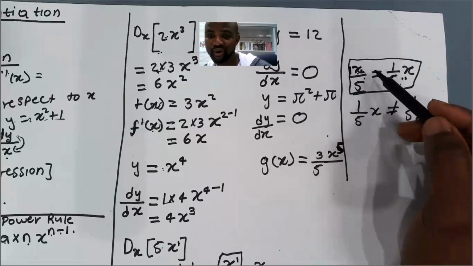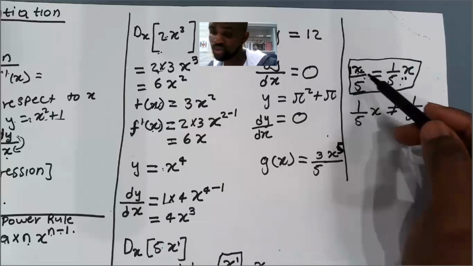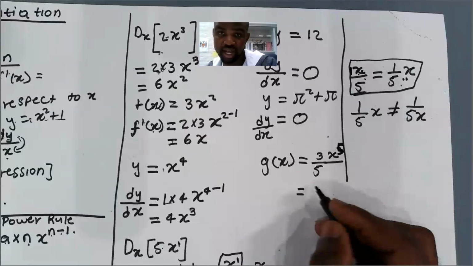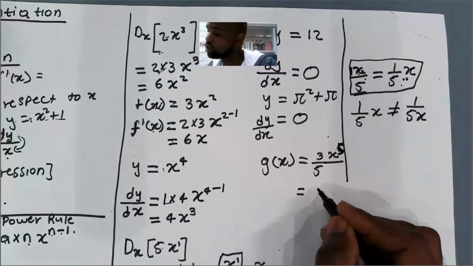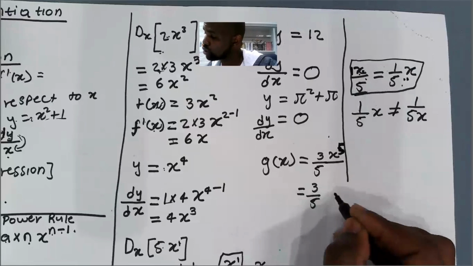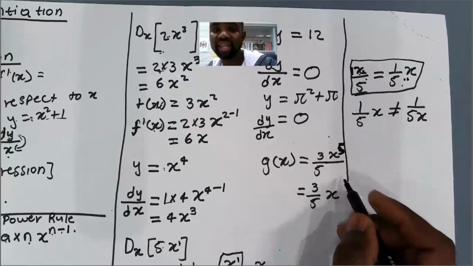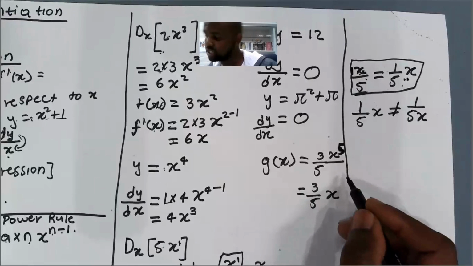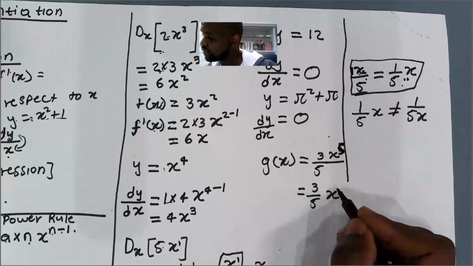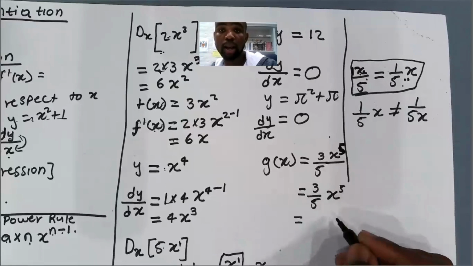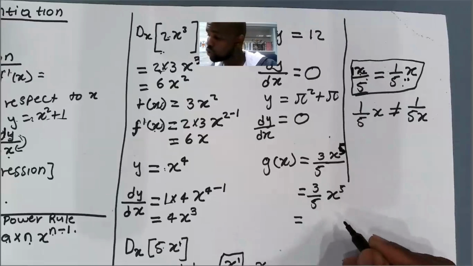So let's come back to our example here. Let's put it nicely the way we know. So it's going to be 3 over 5. Take your x and put it here on the side. Don't put it in the denominator, guys, please. Don't put it in the denominator. So it's going to be just 5 here. And then we apply our rule, which is our power rule.